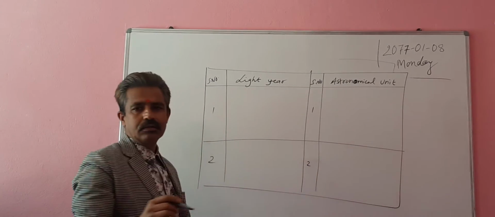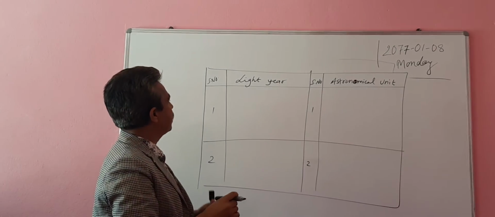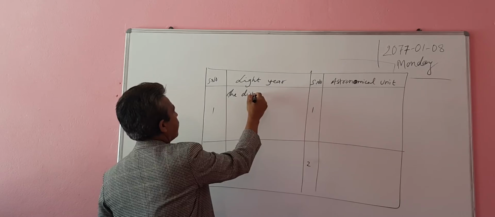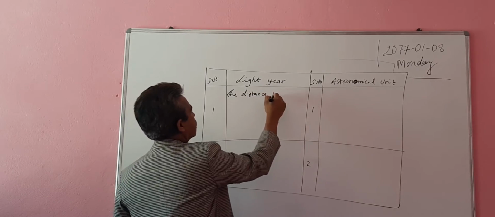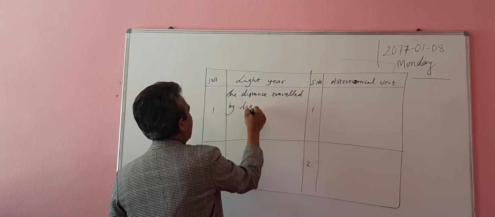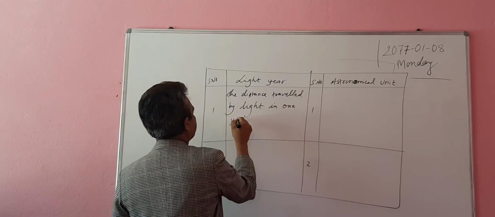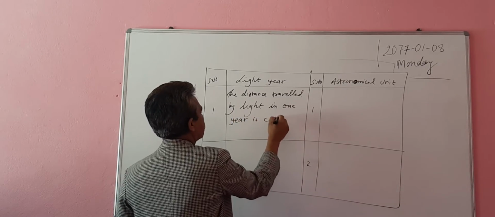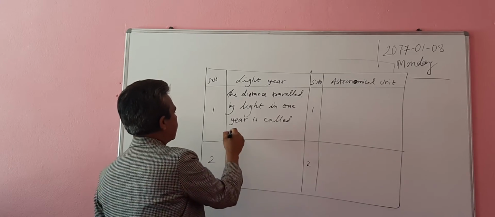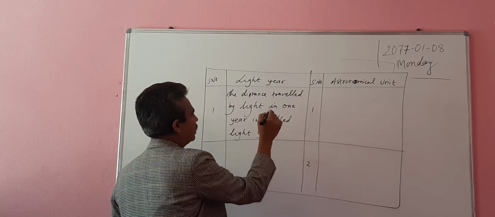Okay. First of all, we can give the definition. What is meant by light year? The distance traveled by light in 1 year is called a light year.